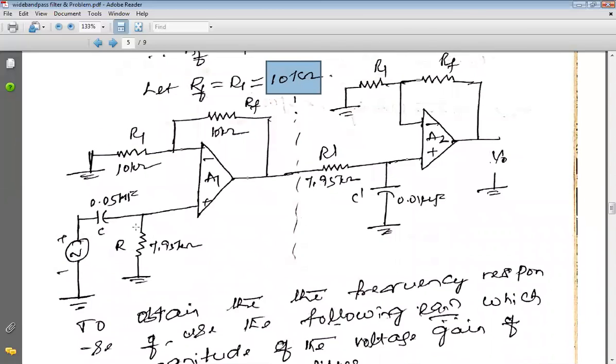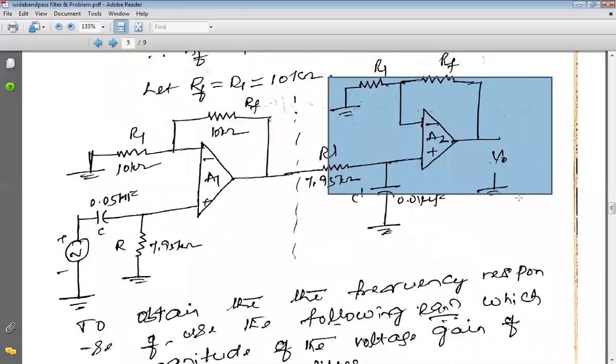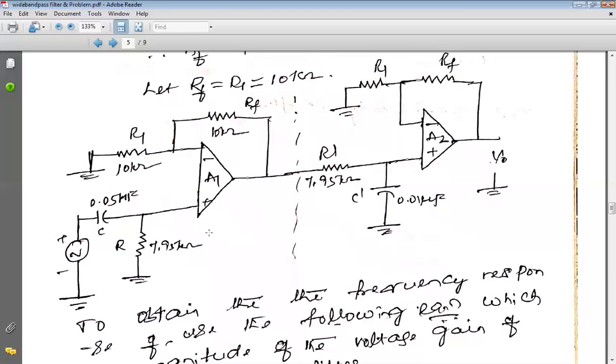I am going to draw once again the circuit diagram of the high pass filter section as well as the low pass filter section. This is the high pass filter section and this is the low pass filter section. Then I am going to indicate the values.